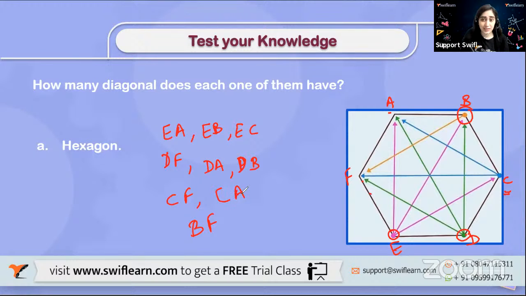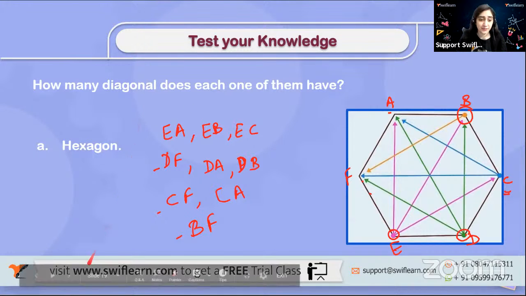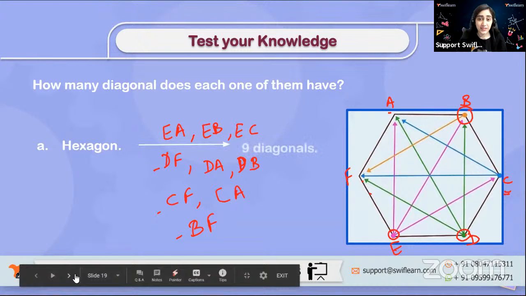So I got all the diagonals. How about F? From F, I'll have FB, FC, FD. So how many diagonals do I have now? 1, 2, 3, 4, 5, 6, 7, 8, 9. So there are 9 diagonals. Clear? Let's see. Are we able to find that? Yes, there are 9 diagonals.